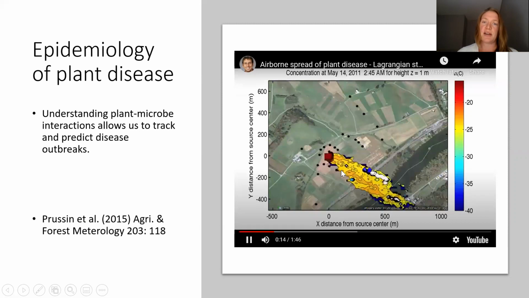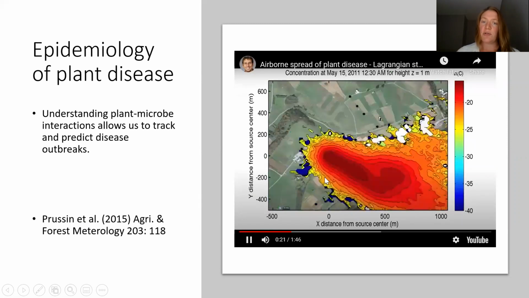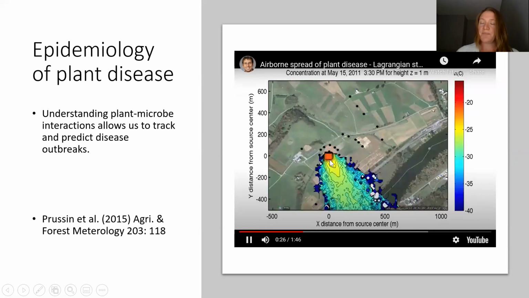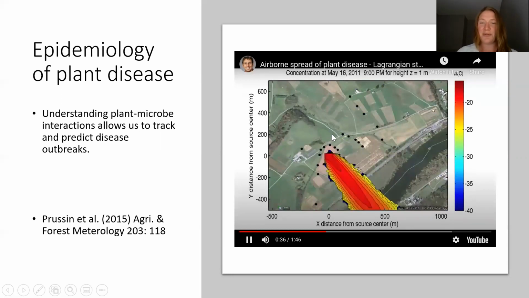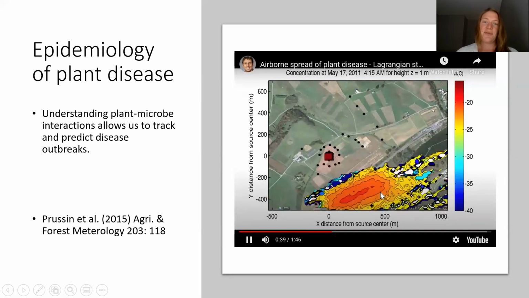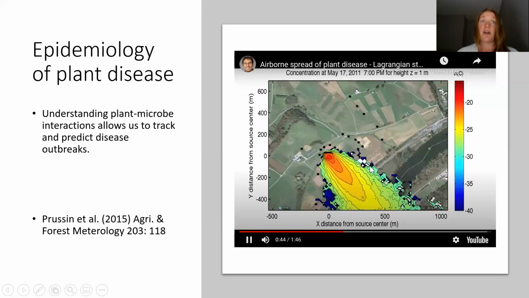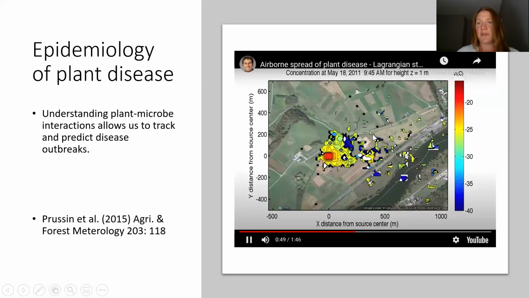So fungal spores that are being airily distributed can be detected by these spore traps, and then these people will take that information and incorporate it into a mathematical model to predict, based on the wind and weather, how this pathogen is going to spread to the neighboring fields. And you can see it's very dramatic. They're obviously able to move quite far distances. And for some pathogens, like fungal pathogens, this can be a very big problem and very hard to control. Things like rust pathogens, for example, can travel thousands of miles.